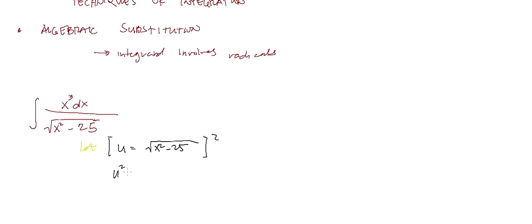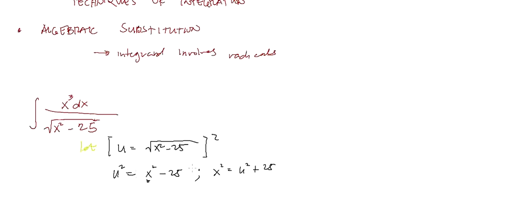We have u squared equal to the square root of x squared minus 25, squared. We cancel out the square root sign, so u squared is x squared minus 25. Algebraically we can now solve for x squared: x squared is equal to u squared plus 25, right?